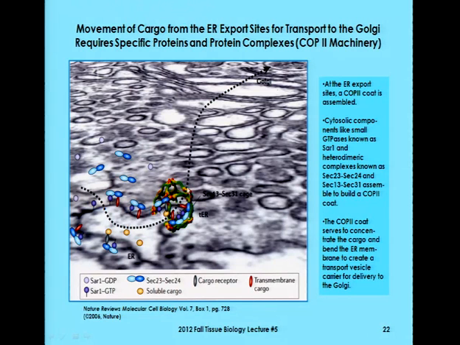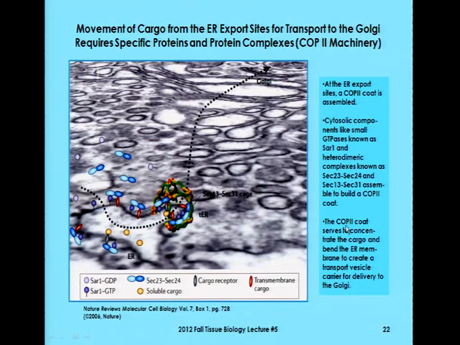They all together assemble this coat, the COP2 coat, which functions to concentrate the cargo and to bend the ER membrane to form a transport vesicle. And this transport vesicle will bud off from the ER export sites and will move through the cytoplasm and make its way to the Golgi.